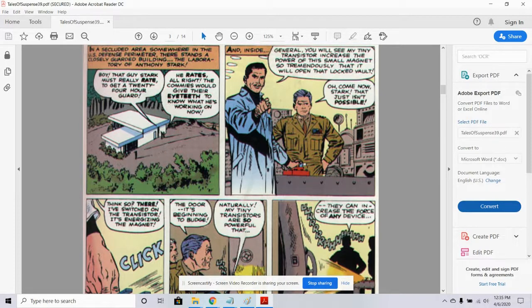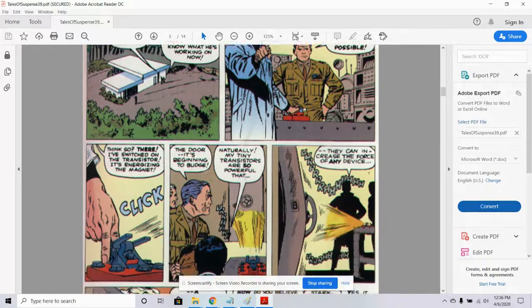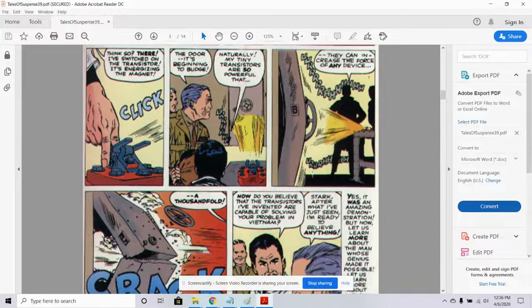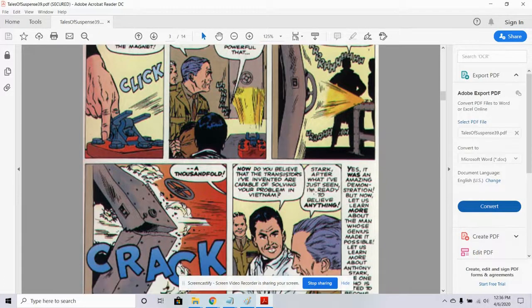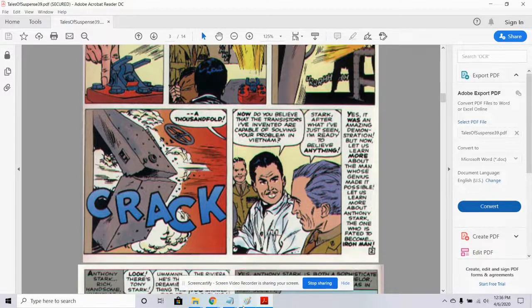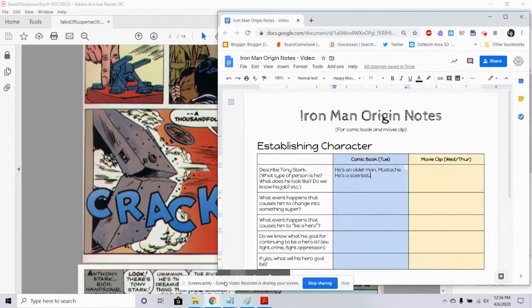So he's clearly working with a general if we look at the way that he's dressed, and they also call him general. Okay, so here you can see from the text and from the images that he is in fact making weapons for the military. So again, here we could put down makes weapons for the military.